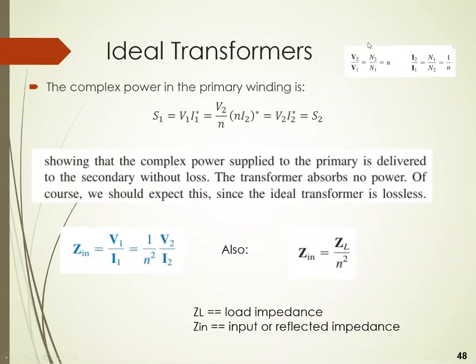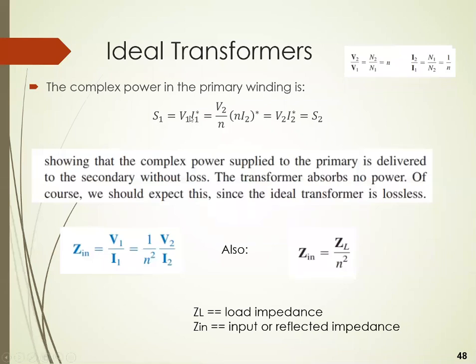Also, if we remember, of course, the definitions for the turns ratio in terms of voltages and currents. If you look at the primary winding, given our equation that we already know, the product of the voltage and the complex conjugate of the current will give you the complex power.